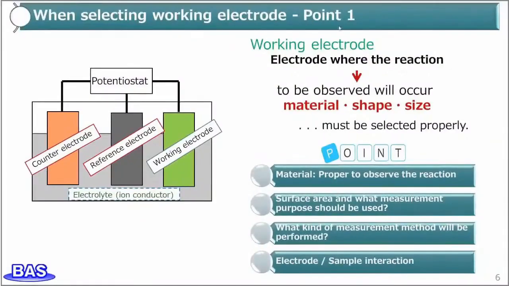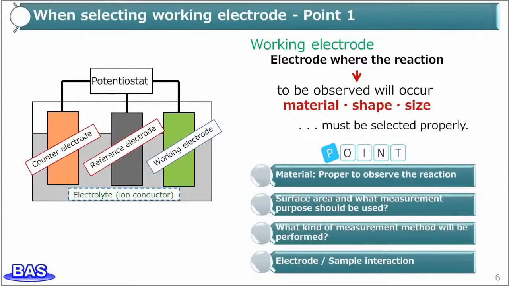The first point to consider when selecting a working electrode is that the working electrode is where the desired reactions occur. Therefore, it is necessary to properly select the material, shape, and size so that the desired reaction will occur. The key points are to select the material that will allow the appropriate reaction, and also to determine what kind of measurement system will be used.